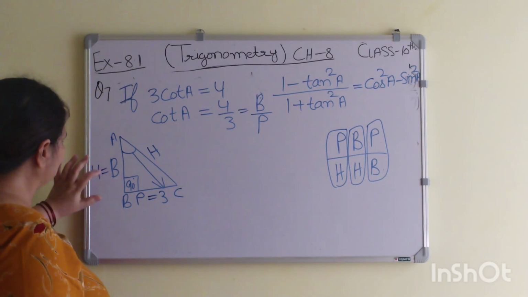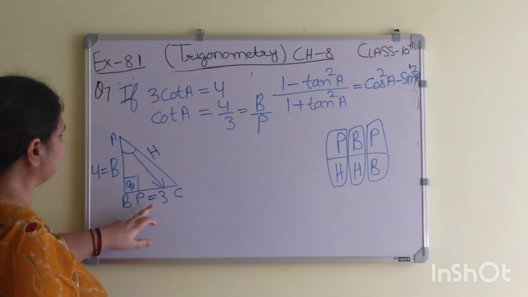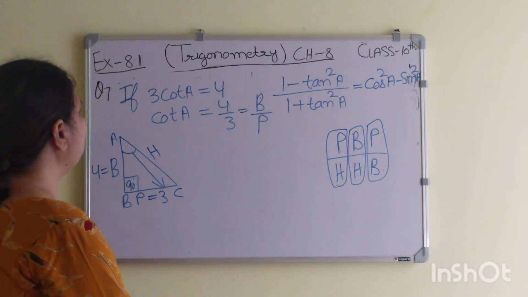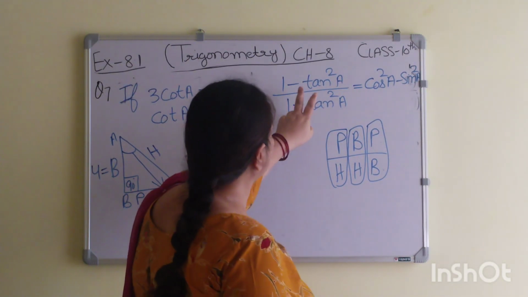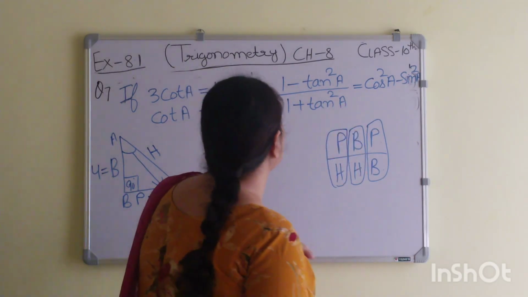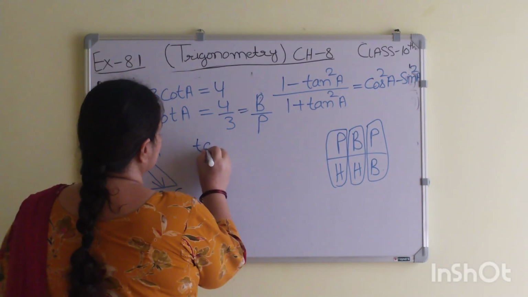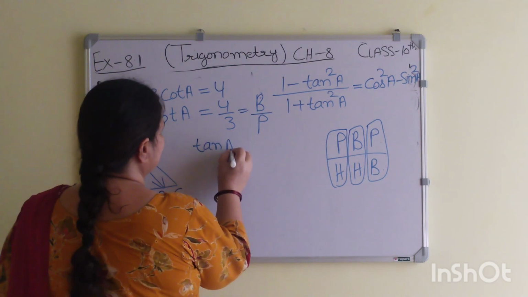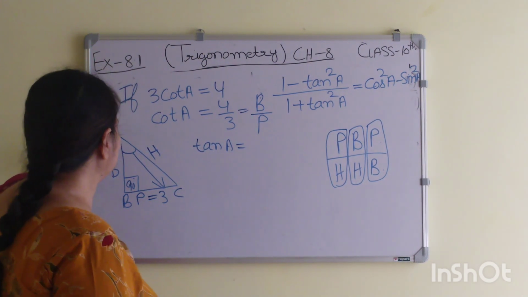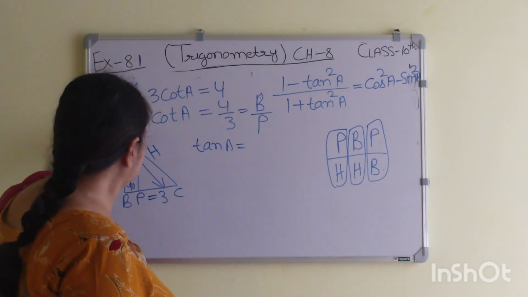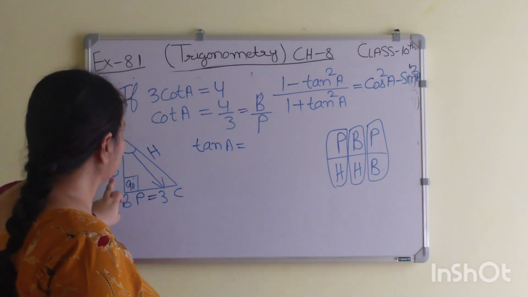Base is equal to 4 and perpendicular is equal to 3. Now first of all we should find out the value of tan A. According to the acute angle A, tan A will be perpendicular upon base.